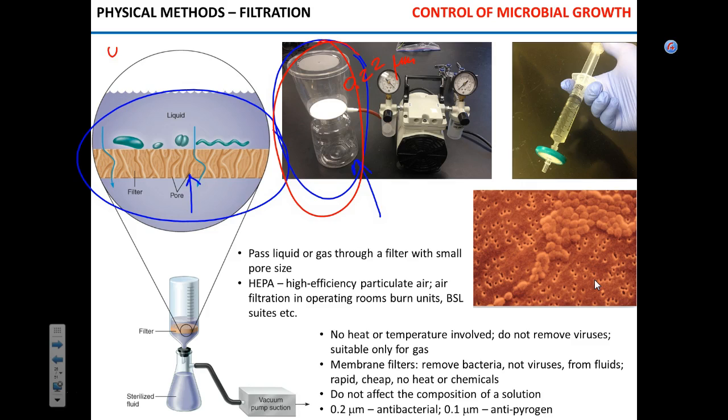there is 0.45, which is not sterilizing. There's 0.1, which is not only sterilizing, it also makes solutions non-pyrogenic. What does pyrogenic mean?